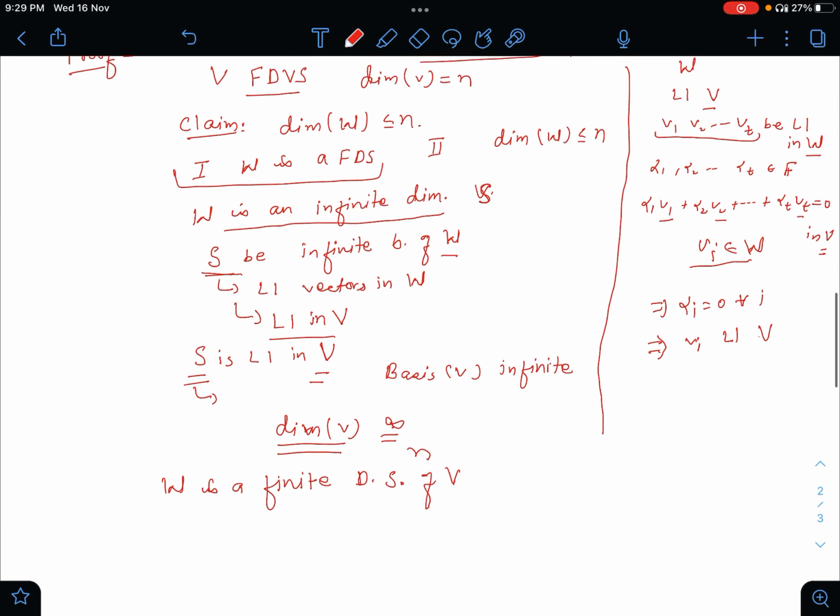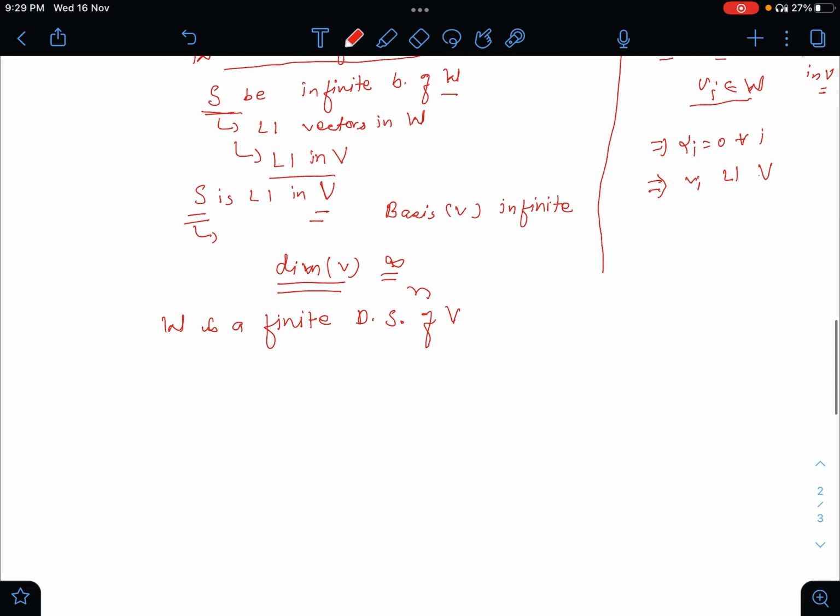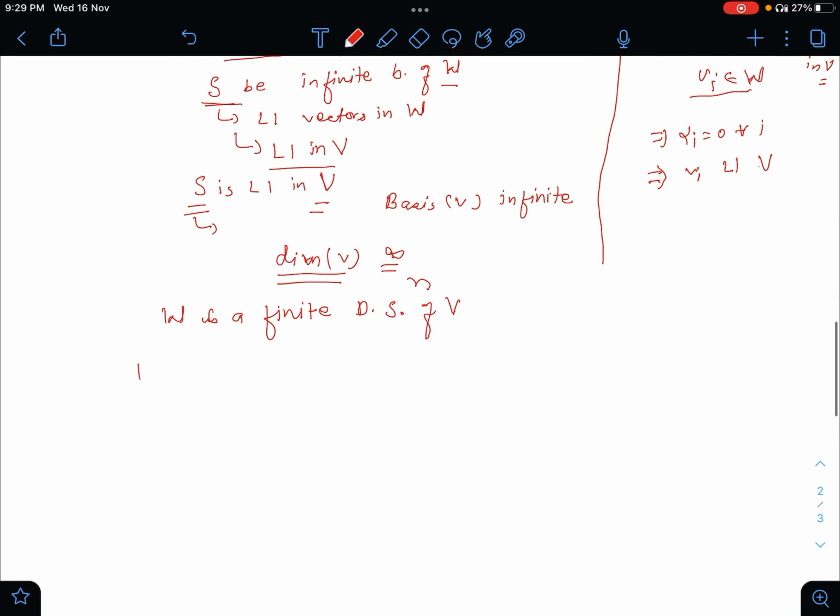So the first part we proved, and the second part we need to prove is that dimension of W is less than or equal to n. Since W is a subspace of V and W is finite dimensional, let us assume that dimension of W is equal to m.